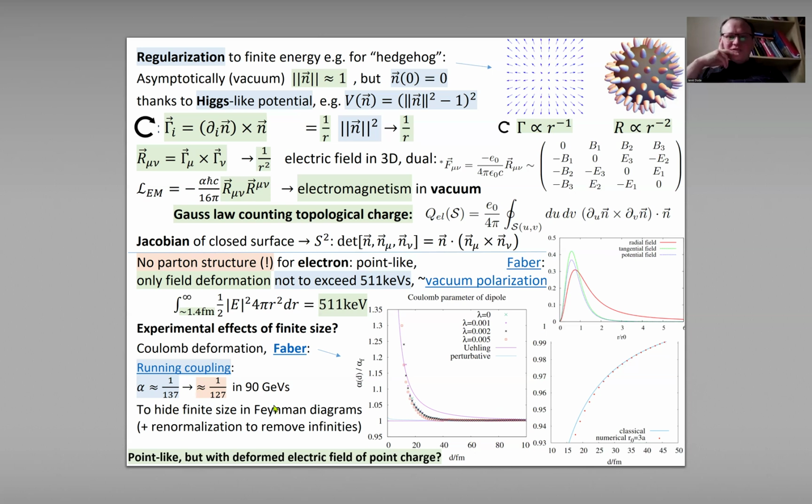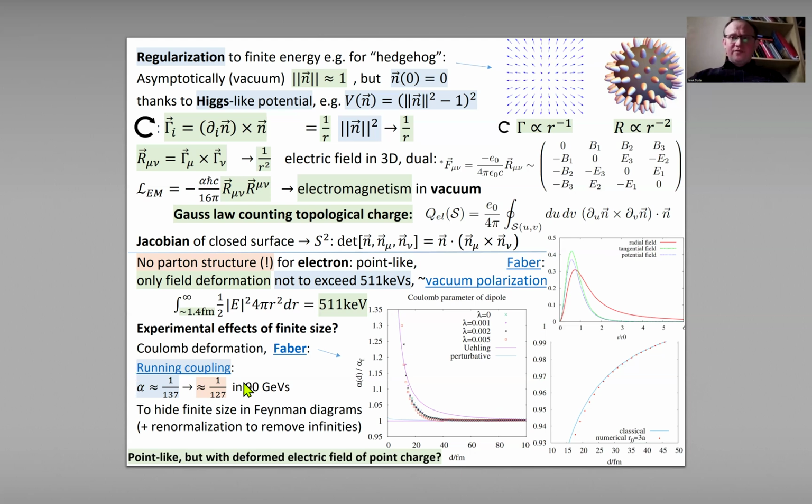So this effect of deformation of a perfect point charge is required to not get infinite energy from the singularity, but it should integrate to the mass of the electron, the 511 keV, in its energy density. To repair this singularity, we get deformations which are in agreement with the running coupling.